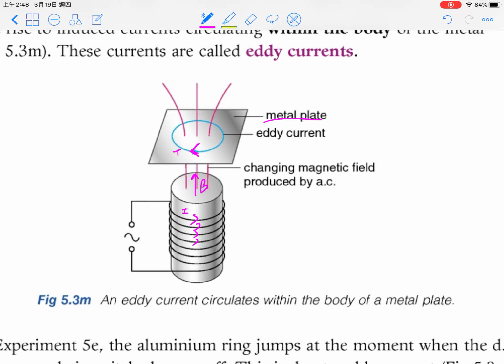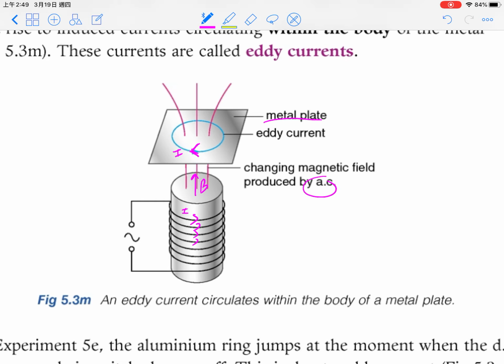So the current will be induced in this direction to oppose the B field coming into the metal plate. Here we find eddy current, induced current. You have learned this in chapter 5.2.